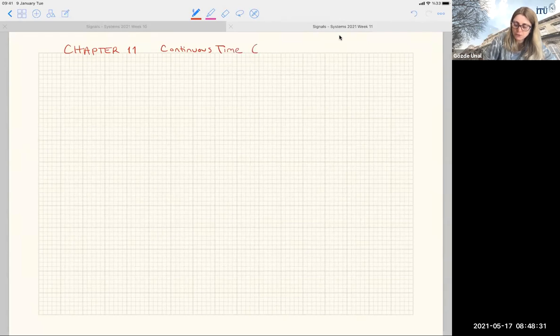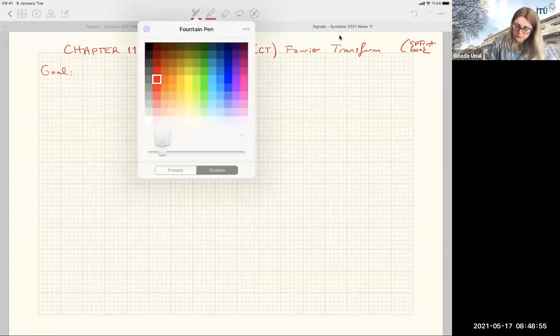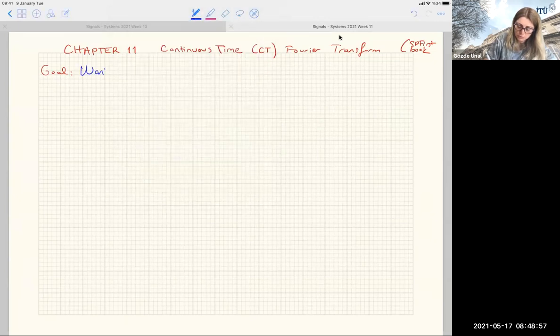So, Fourier transform. Remember our goal, this is the SP First book. Our goal is really to analyze frequency content of non-periodic signals. So we want to develop a general definition of frequency spectrum.